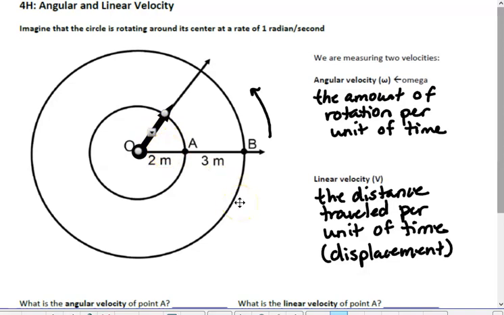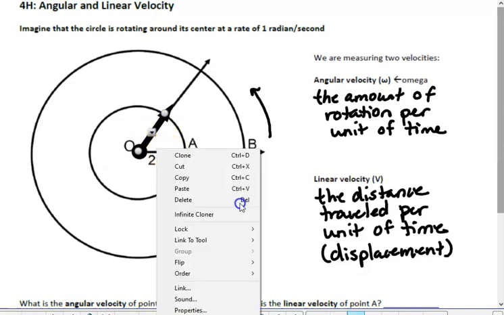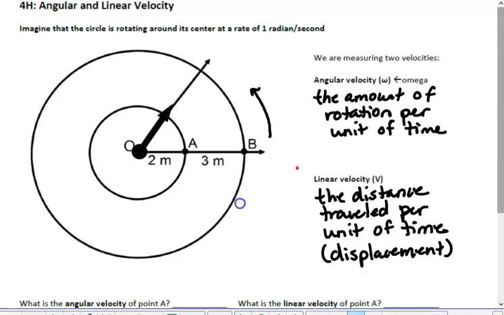So this angle right here is a 1 radian angle. Now, we could say that point A is moving 1 radian in 1 second, so that would be its angular velocity. But it also moves along this little arc.